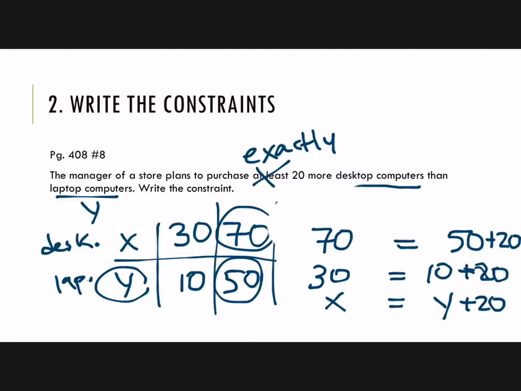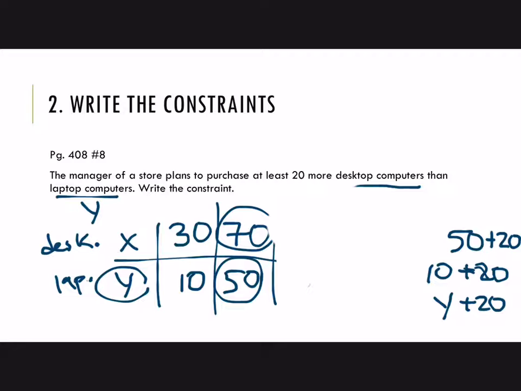Okay, so now I know where the 20 goes, but now I need to go back and put in the correct inequality symbol. It wasn't exactly 20 more desktop computers, it was at least 20 more desktop computers. So now let me think of some numbers here that actually truly reflect this. It's at least 20 more, so it could be 70 and 50, but there would be nothing wrong with doing a number greater than 70.